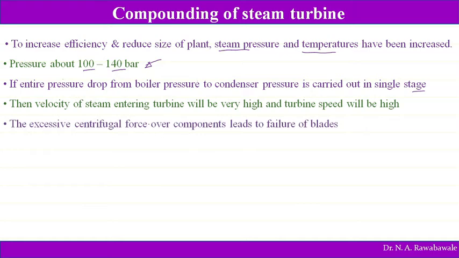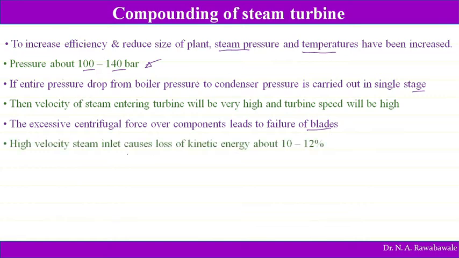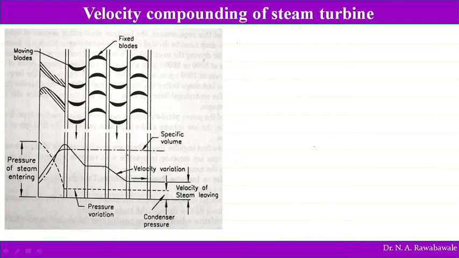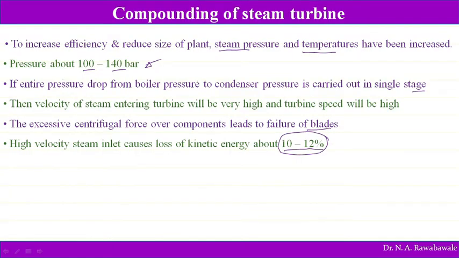The excessive force on the components leads to failure of blades. Now, high velocity steam inlet causes a loss of kinetic energy of about 10 to 12%. That is another disadvantage. Therefore, compounding of the steam turbine is made.